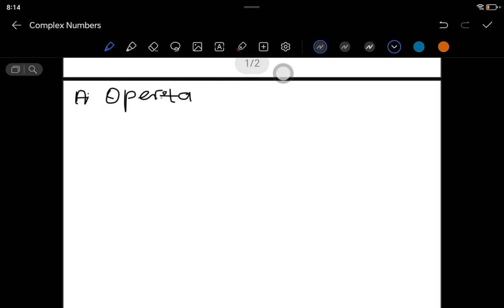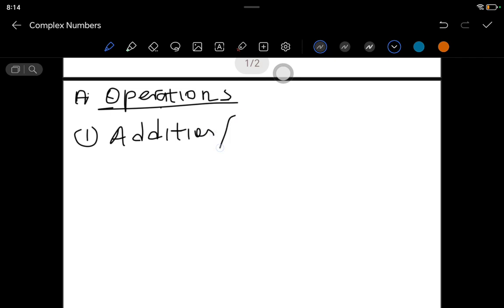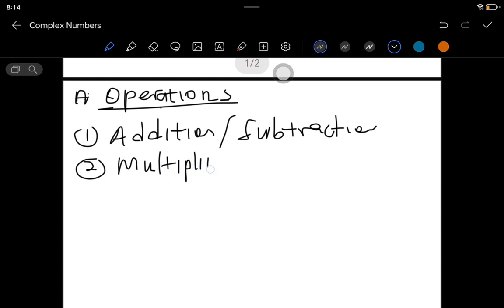The operations that we can do are addition or subtraction, multiplication, or division. And then we can also conjugate.